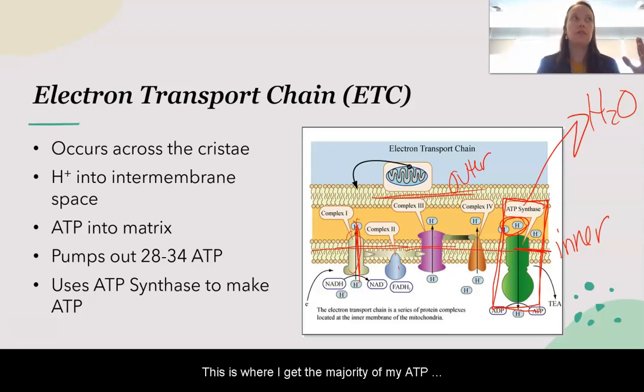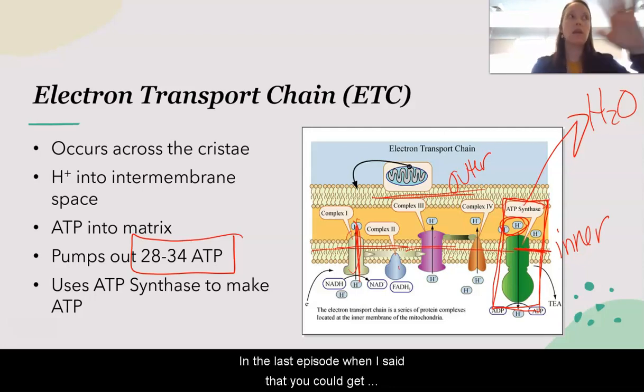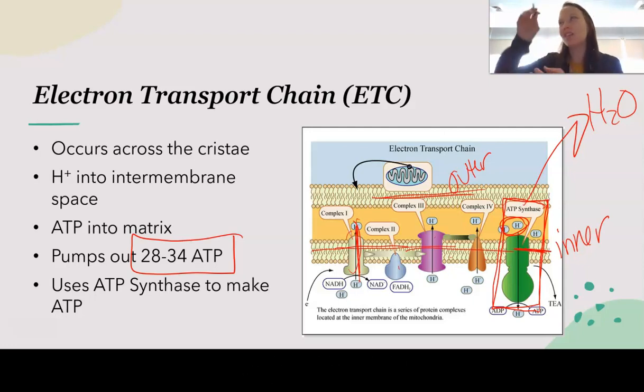This is where I get the majority of my ATP molecules, anywhere from 28 to 34. It sort of depends on the situation. This is a little bit flexible. This is why in the last episode, when I said that you could get anywhere from 32 to 38 ATPs, this is why, because here in the electron transport chain, things can change a little bit.